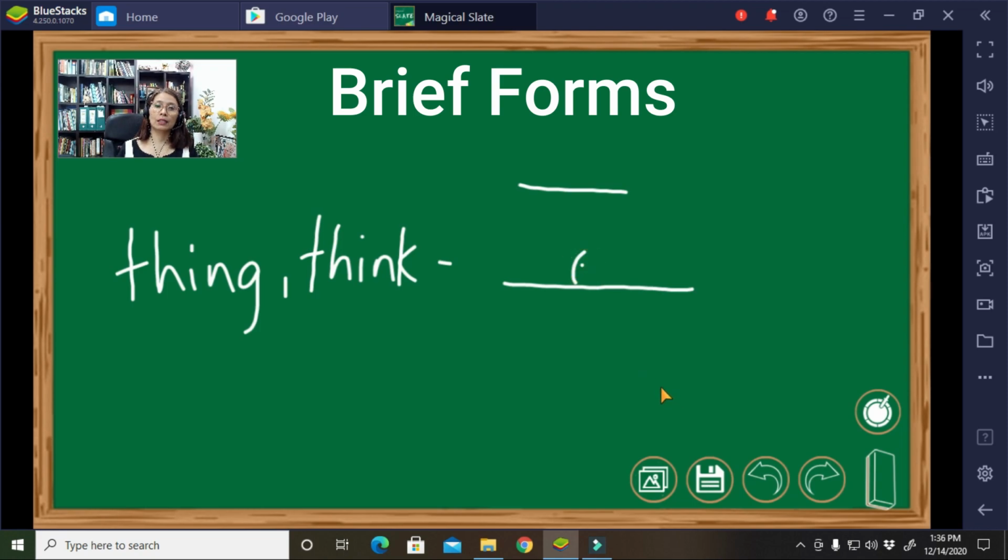That's one. It is a disjoint dot. Thing or think. Okay, so you have to analyze how this symbol is being used in a sentence.